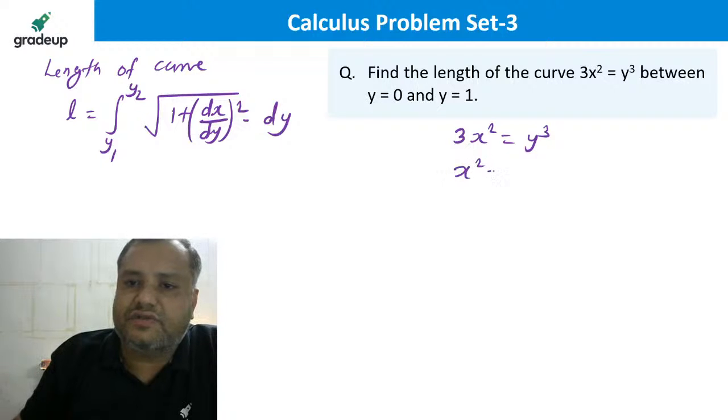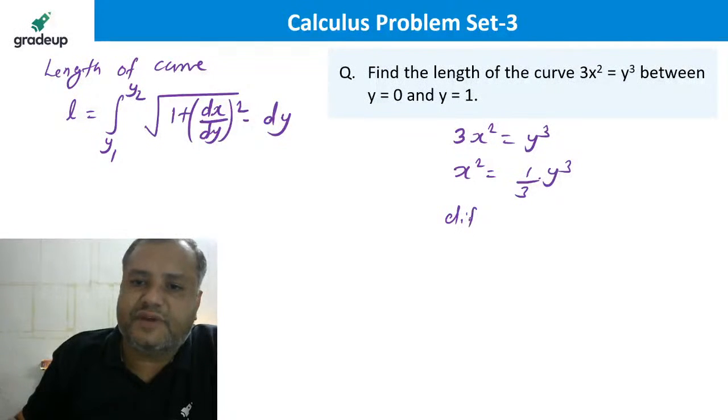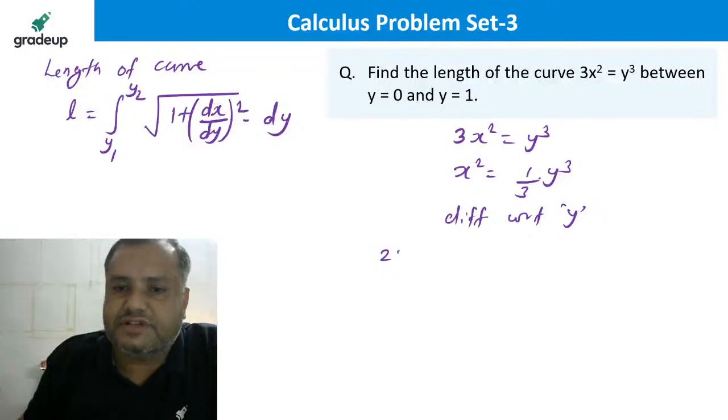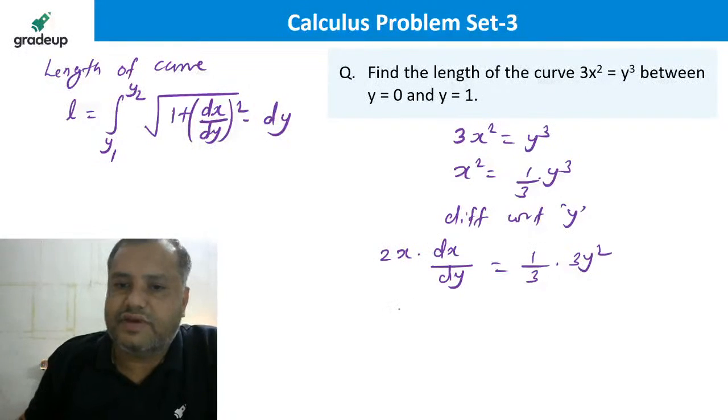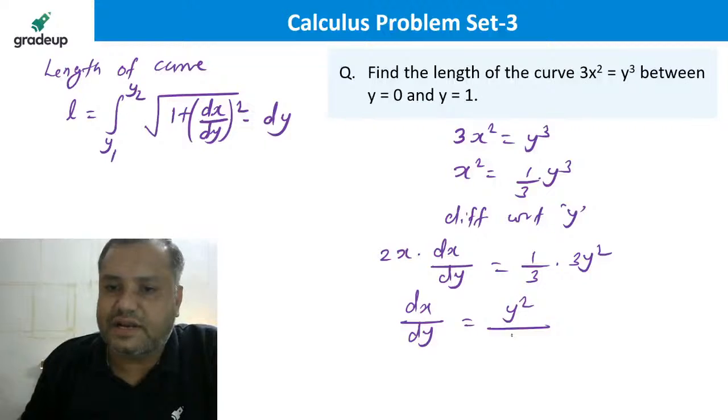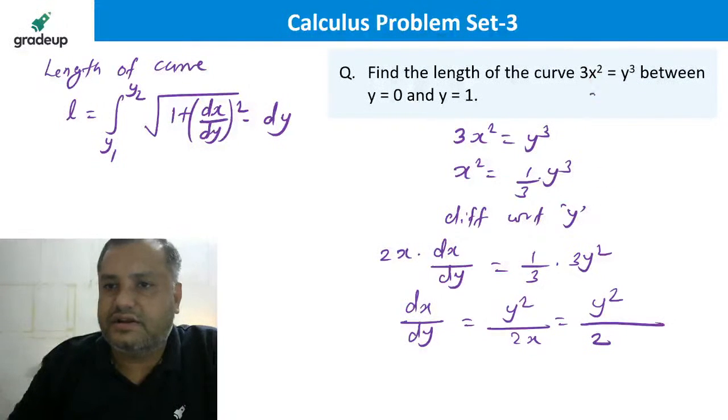So x square equal to 1 by 3 y cube. Differentiate with respect to y. So when you differentiate with respect to y, it is twice x dx by dy, and it is 1 by 3 3y square. So dx by dy will be y square upon 3 gets cancelled upon 2x. So y square upon 2x. What is x?